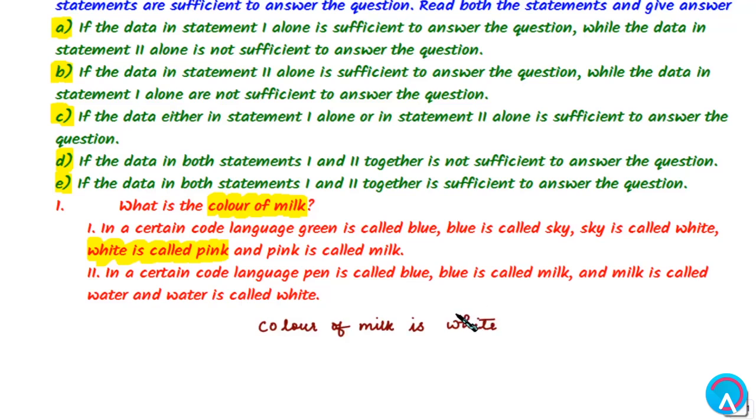So that means the color of milk is pink. So A is the correct answer for the first question. That means data in statement 1 alone is sufficient to answer the question, while the data in statement 2 alone is not sufficient to answer the question.